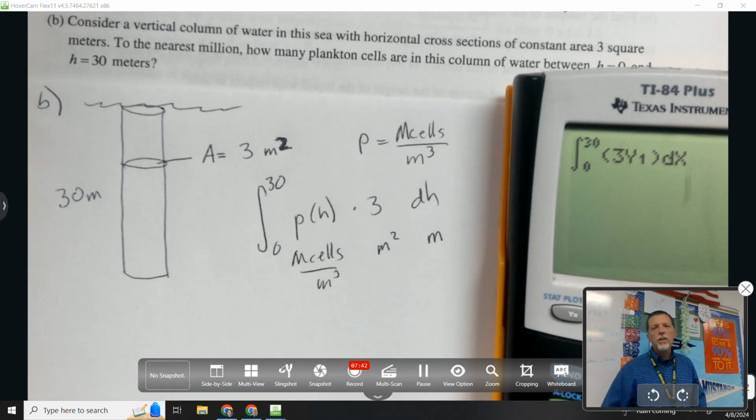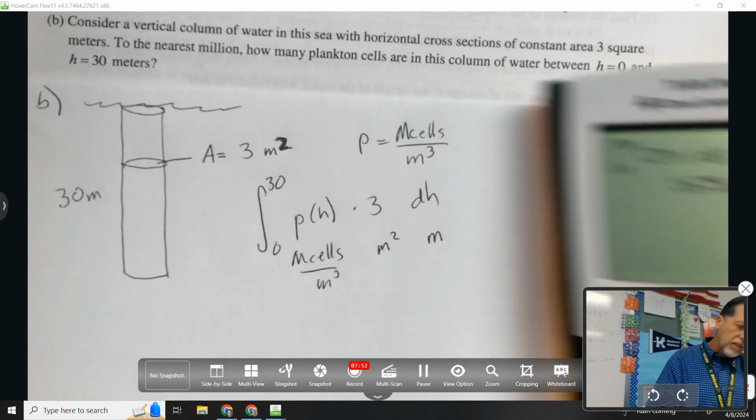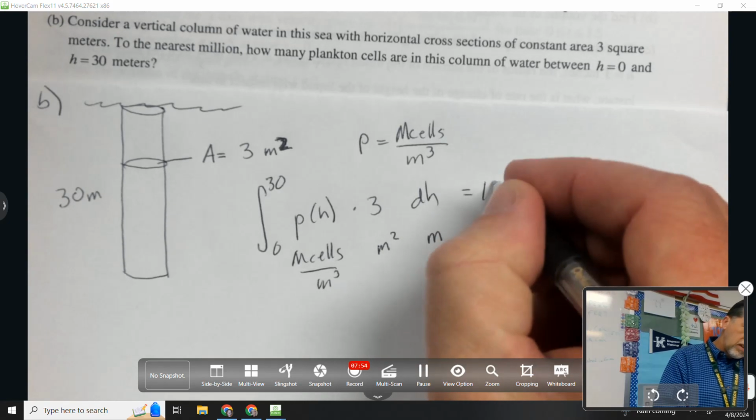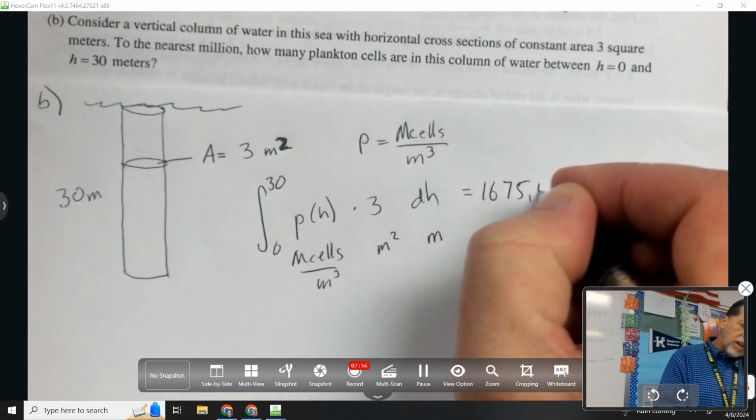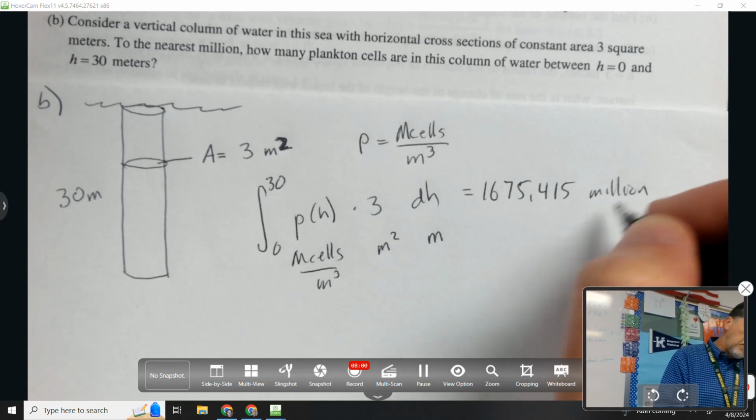From 0 to 30, 3y1 dx. That'll tell me how many millions of plankton cells are in there. 1675.415 million cells.